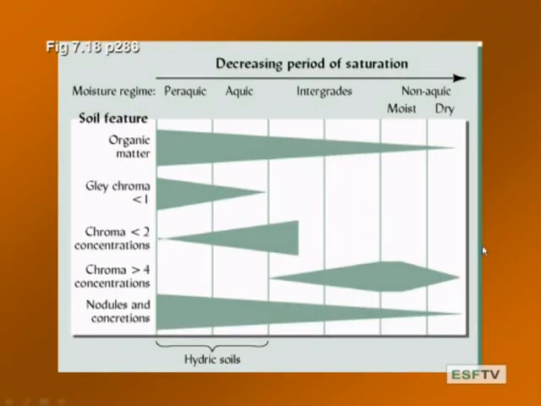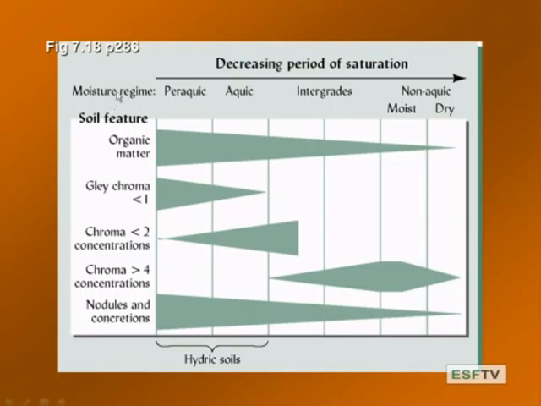One thing is in terms of organic matter and color. Here's a pretty interesting graph that relates hydric soils to several indicators. It relates to the moisture regime, peraquic, always saturated, and aquic, saturated in the upper part, to organic matter, and to gley chroma.